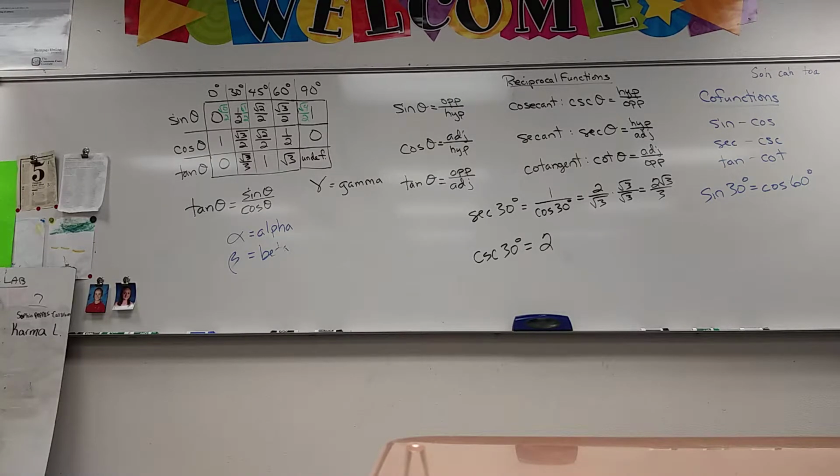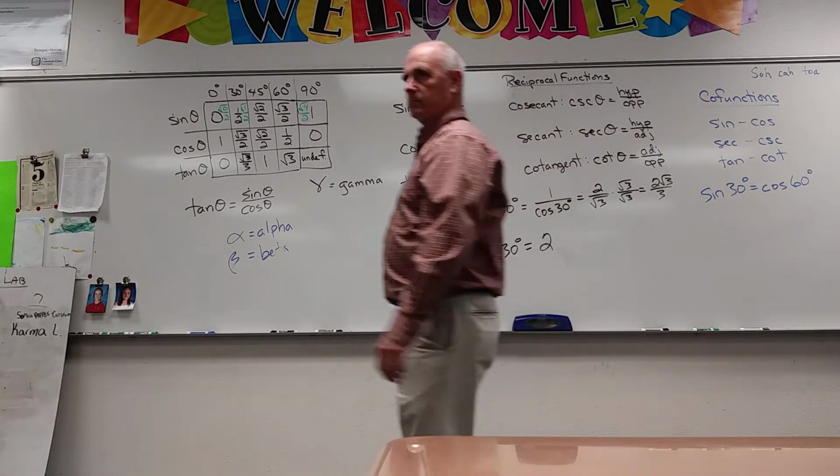Or the secant of one equals the cosecant of the other. Or the tangent of one equals the cotangent of the other. Does that make sense?